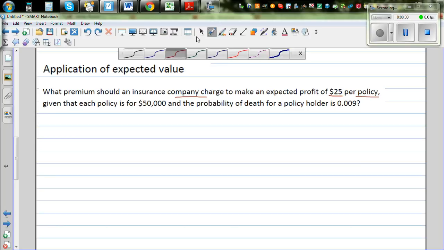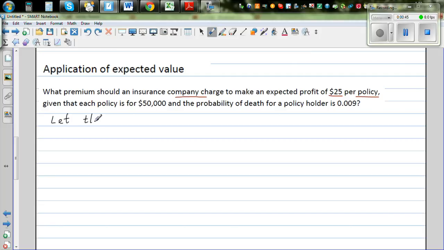So let's say the premium they are going to charge is equal to P. P is the amount of insurance, and the expected gain that the insurance company wants is $25 per policy.